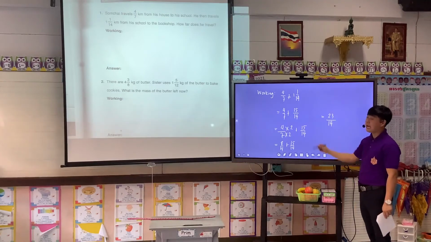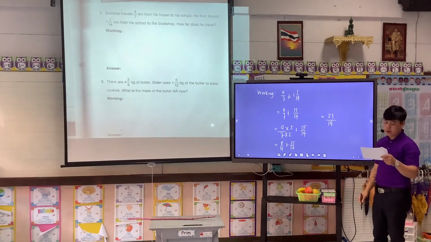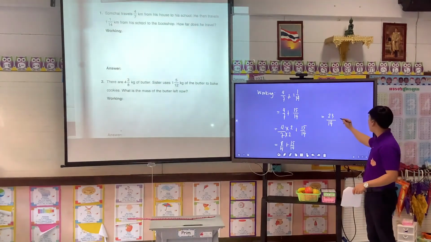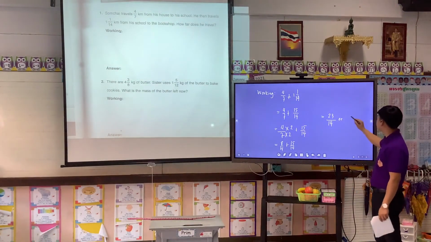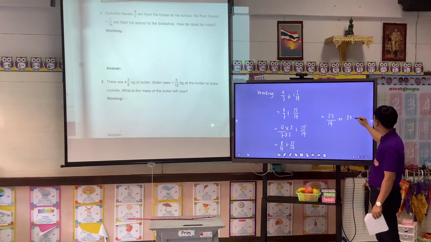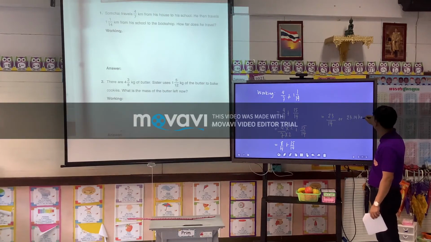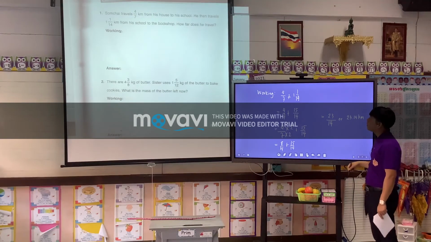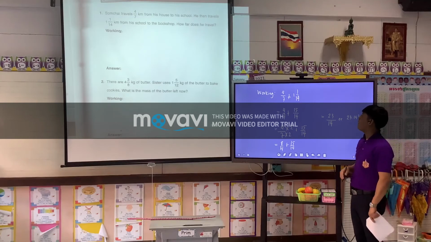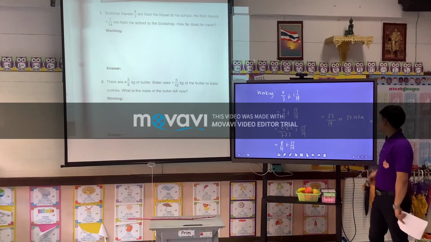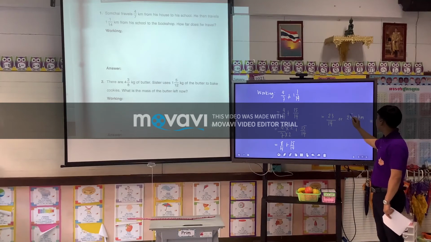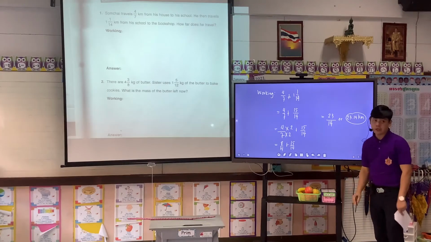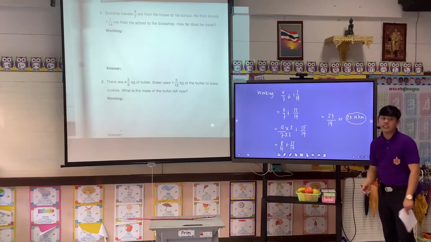You copy the denominator. Or in kilometer, it travels 23/14 kilometers. It means that some child travels altogether 23/14 kilometers. This is written into decimal.